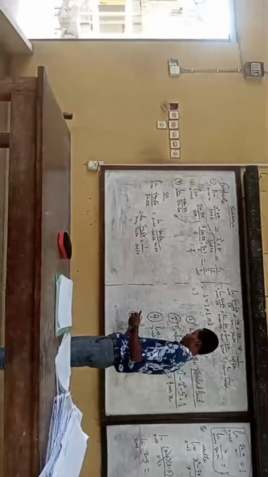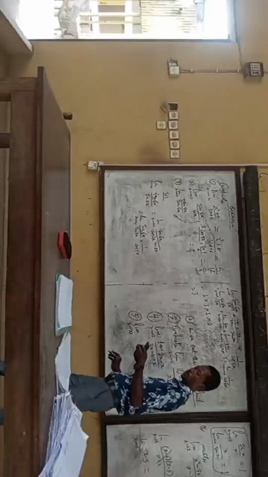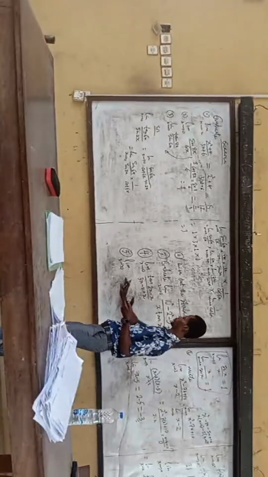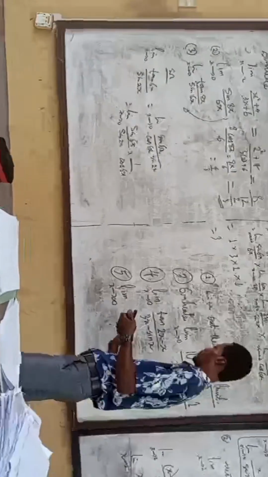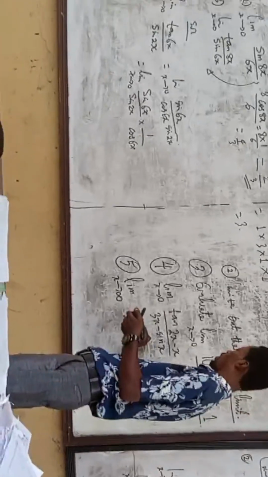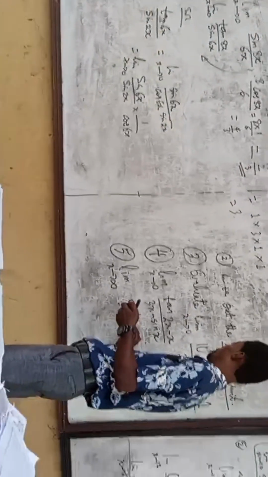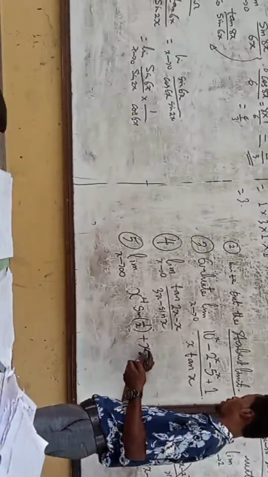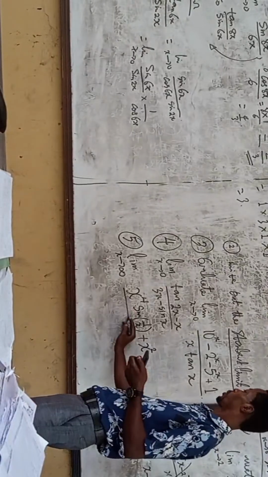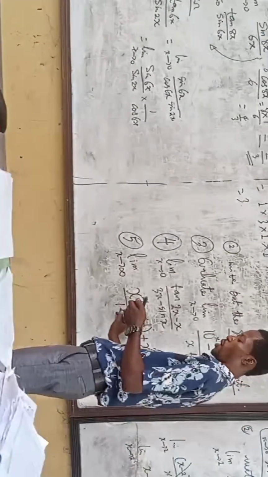I will give more. Limit as x goes to infinity of x to the power 4 sine 1 over x plus x squared, divided by 1 minus x squared.